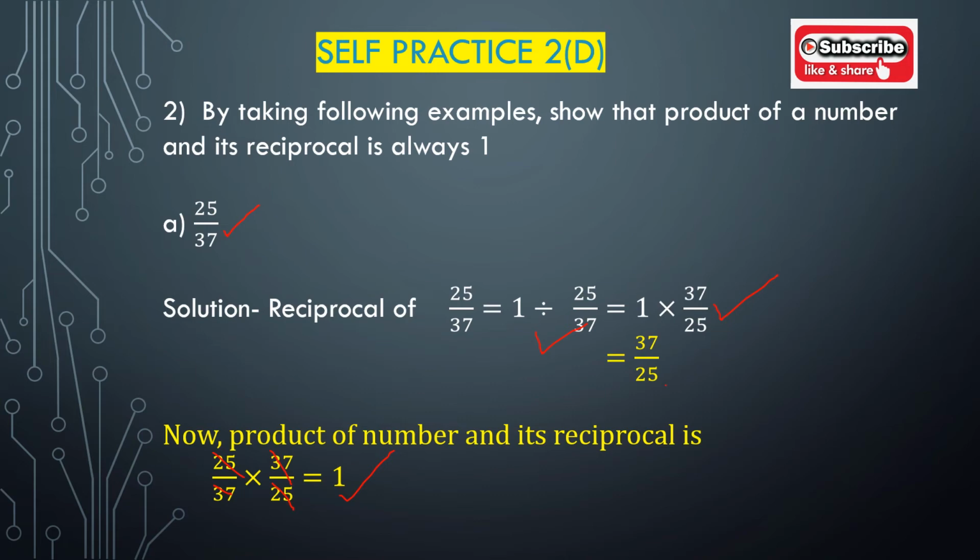So this is true. The product of 25 divided by 37 and its reciprocal is 1. So the product of a fraction and its reciprocal is always 1.